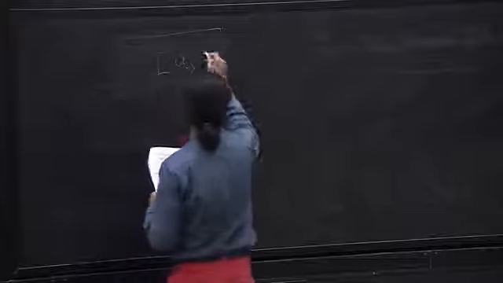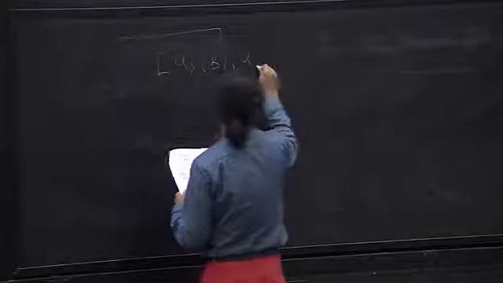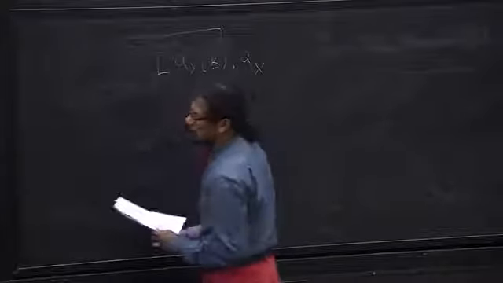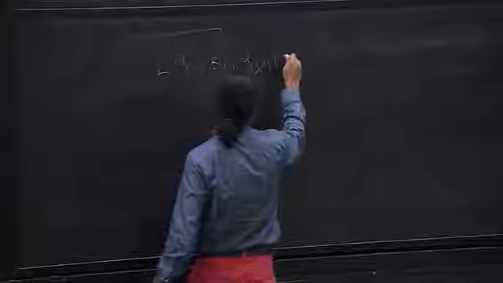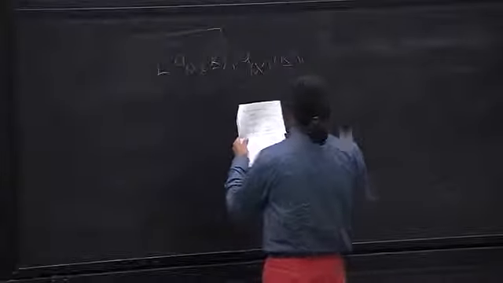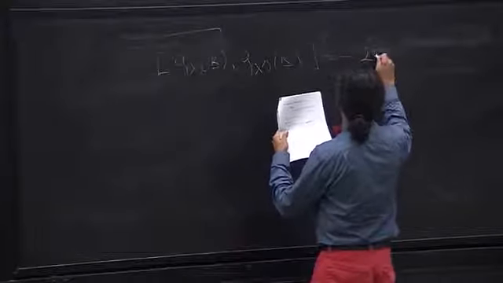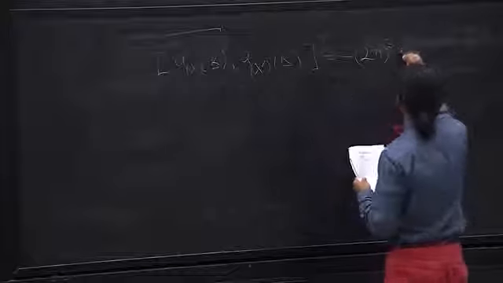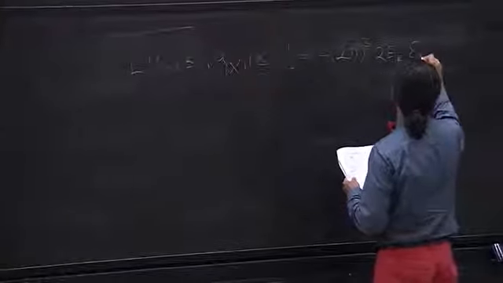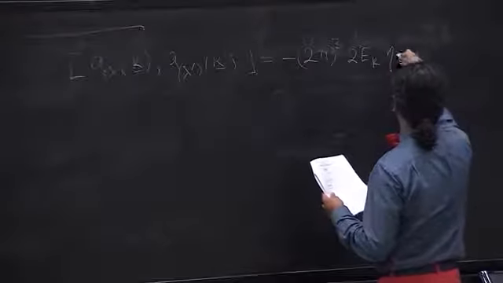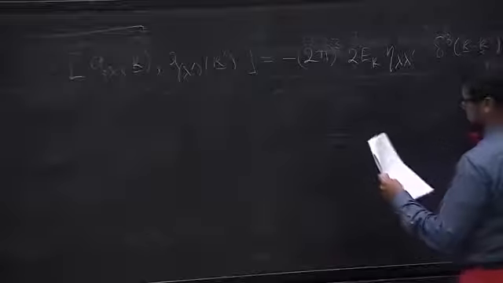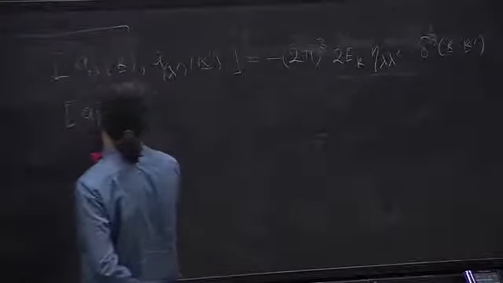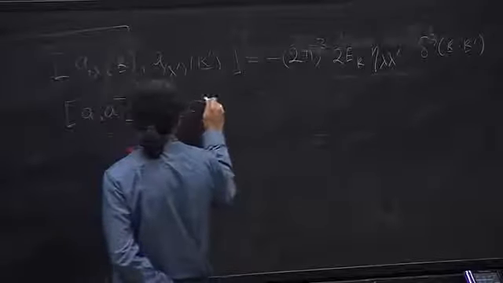So the commutation relationship we get, I think I put these upstairs before, but now I'm putting them downstairs. And the others are 0.